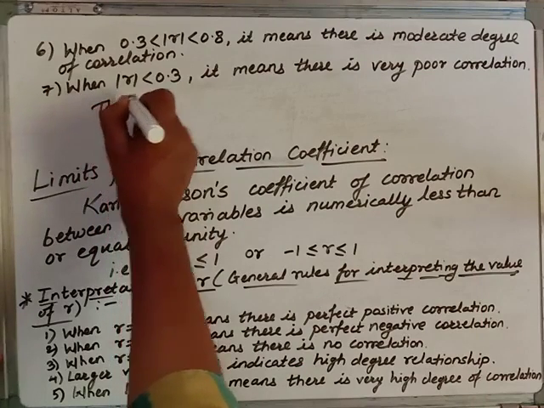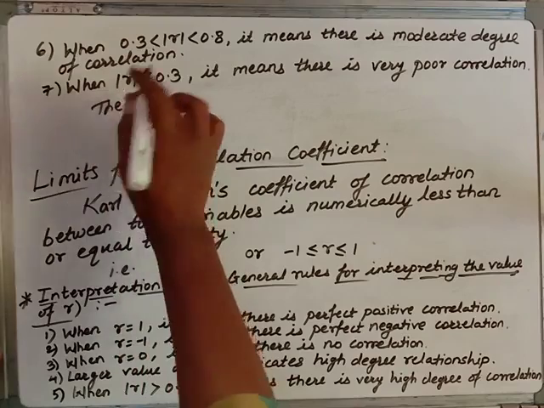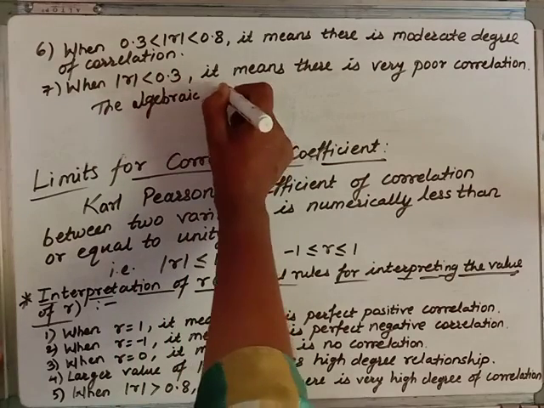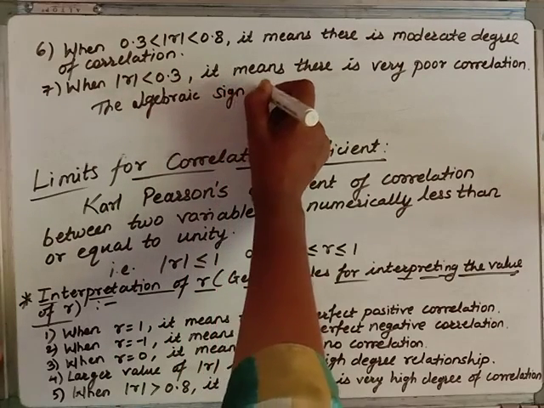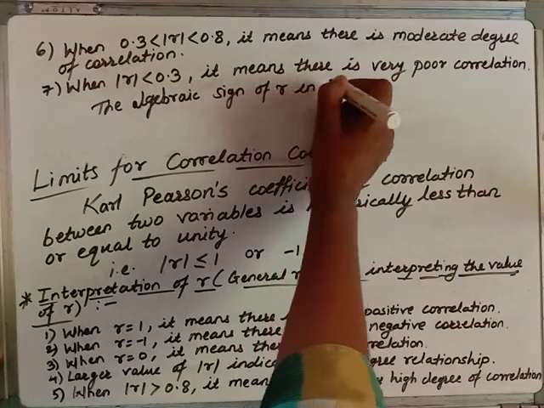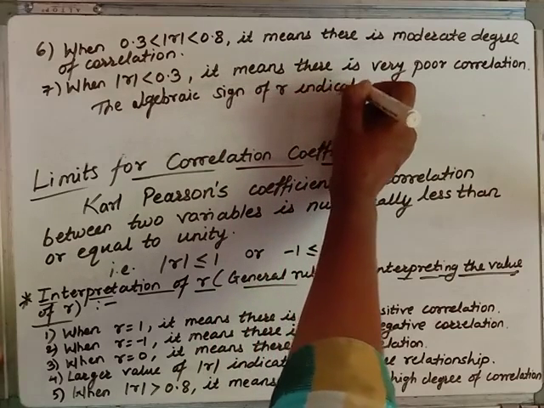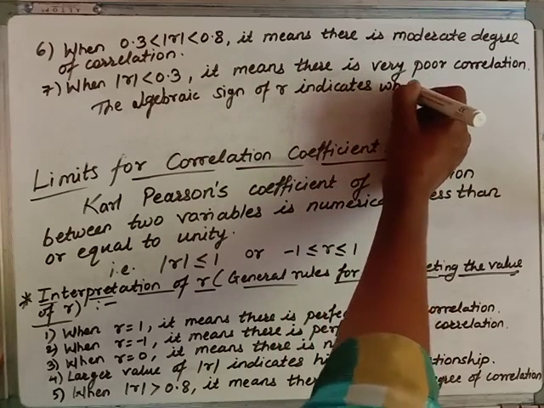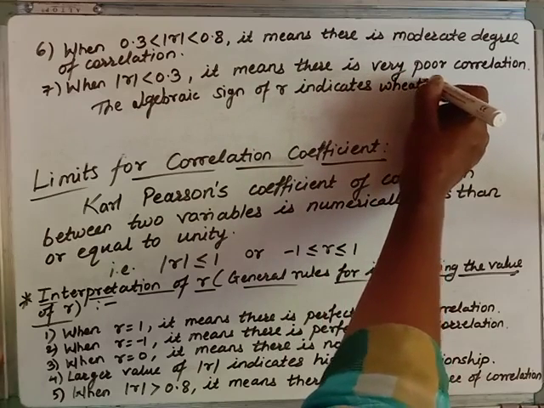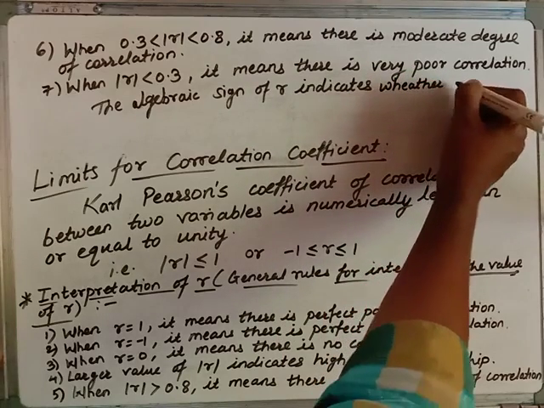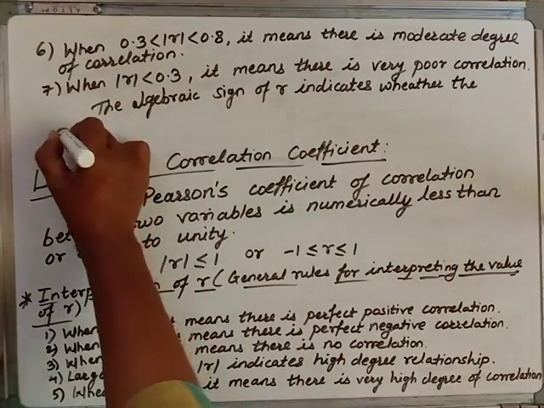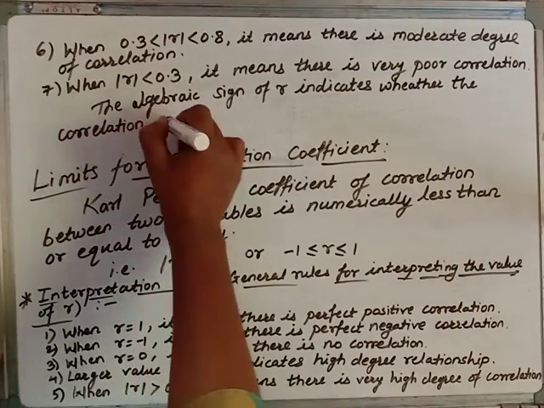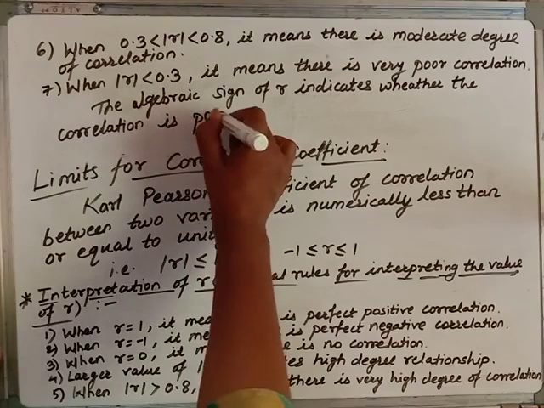Actually, the algebraic sign of r indicates whether the correlation is positive or negative.